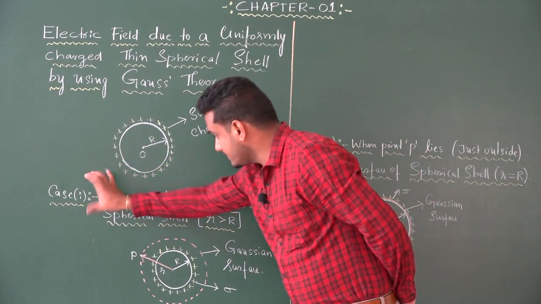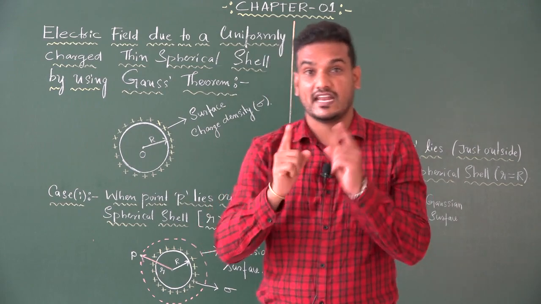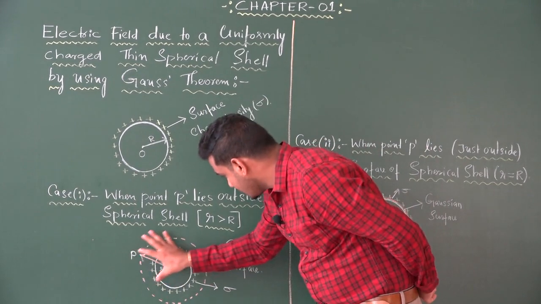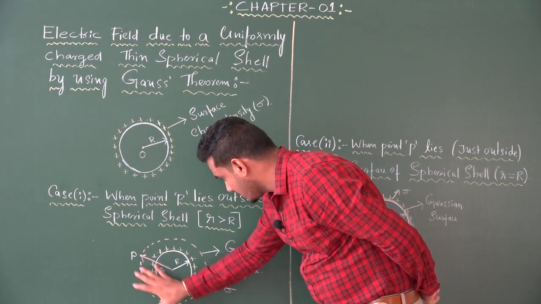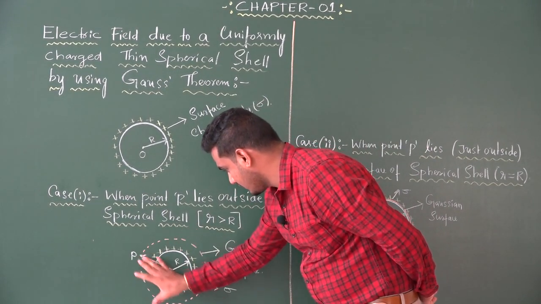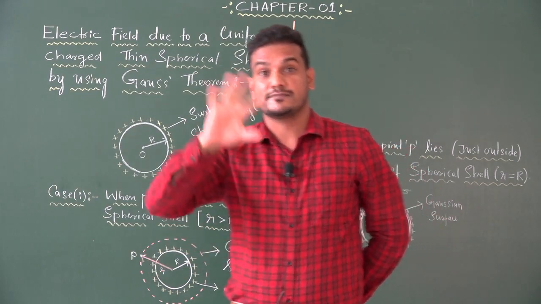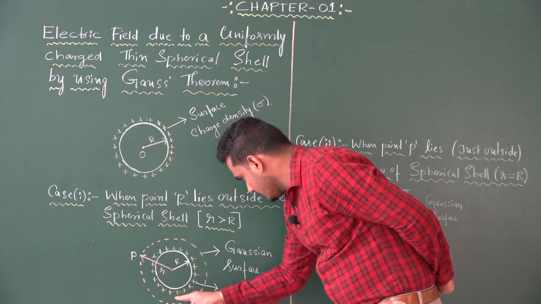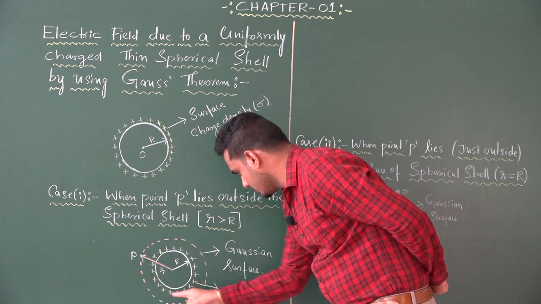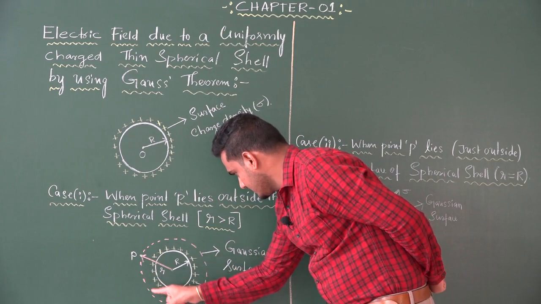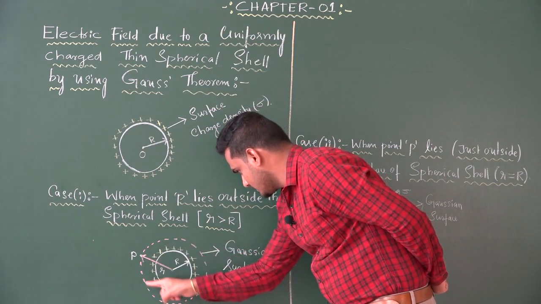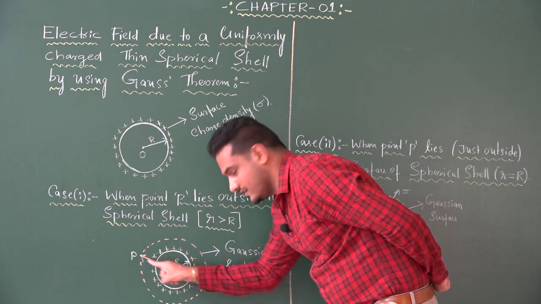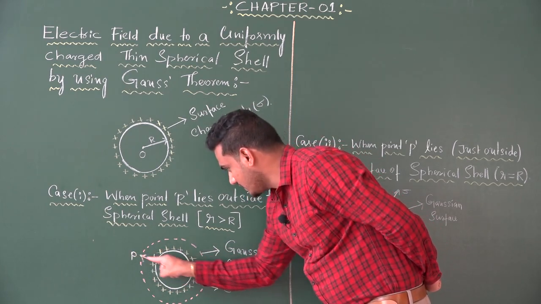Now according to the first case, we are finding the electric field outside the spherical conductor. To find the electric field outside, I must consider a spherical Gaussian surface. Look at the dotted line over the spherical conductor, drawn with pink chalk, that represents the Gaussian surface of radius small r.